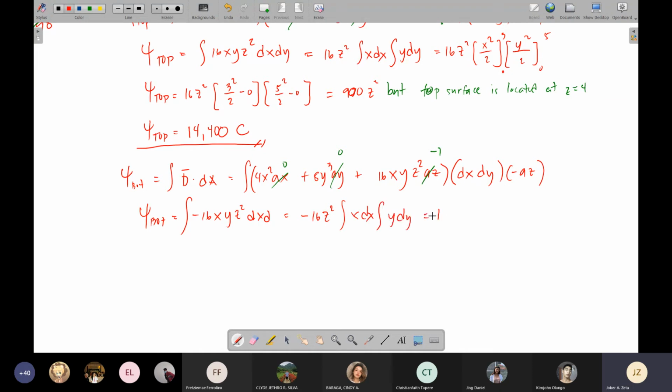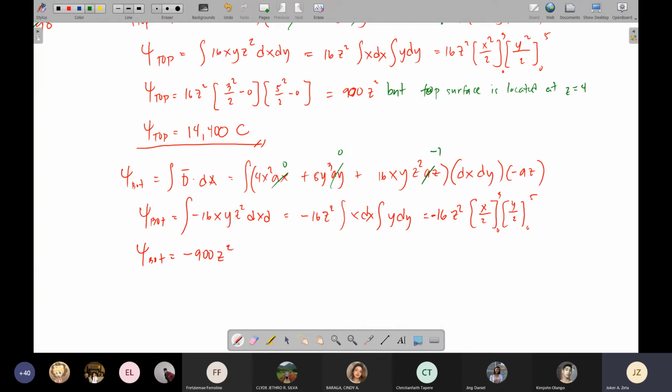You have x over 2 and y over 2 with limits 0 to 3 and 0 to 5. So, flux sa bottom becomes parehas ra ani, pero negative lang. So, this becomes negative 900 z squared.